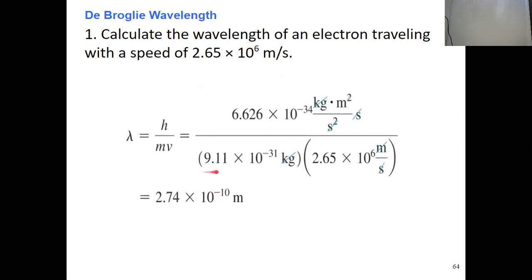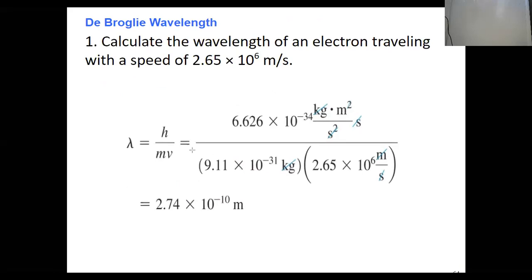You have to know that when you see the de Broglie relationship, you need this value here. Let me actually box it off for you. Oh, I think I can draw a box. Yeah, there's a box. There you go. So that's the mass of an electron in kilograms.